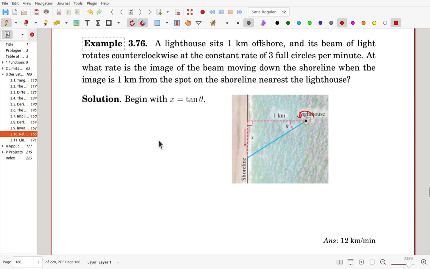For this problem, you have to name the variables. One is rotating, so you may think of the angle, so the angle is theta. Now you have to find the rate of the image moving down.